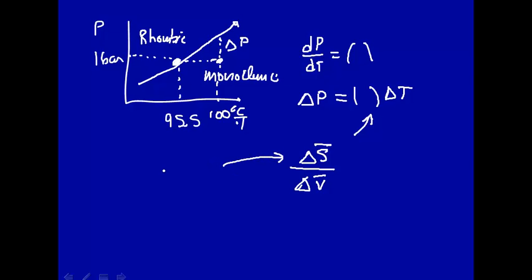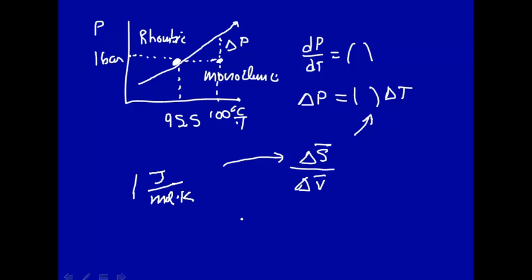This we were already given in the problem as 1 joule per mole Kelvin. Right, so that's what delta S was given in the problem. How are we going to figure out how the volume changes when we go through that phase transition?